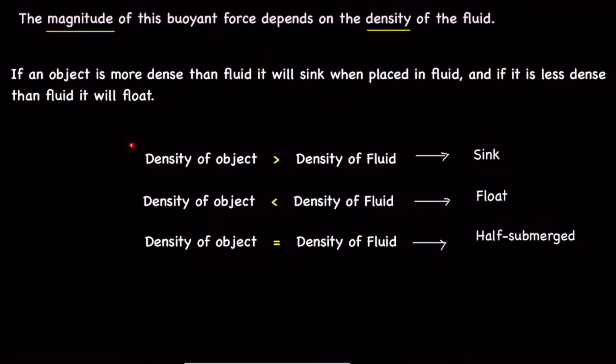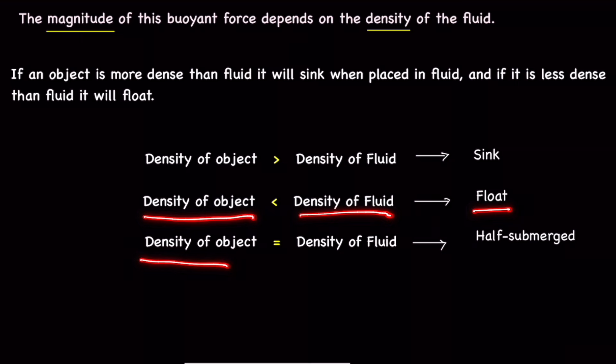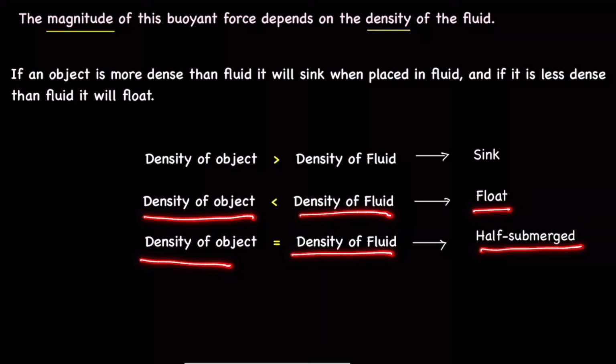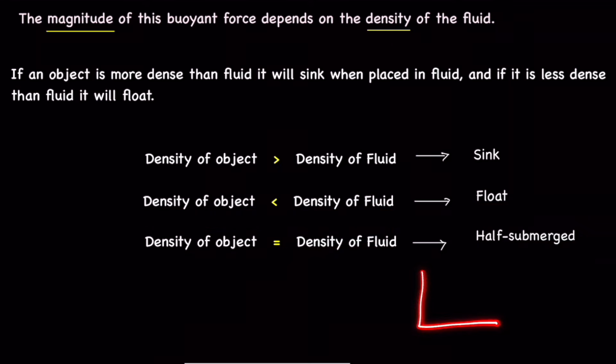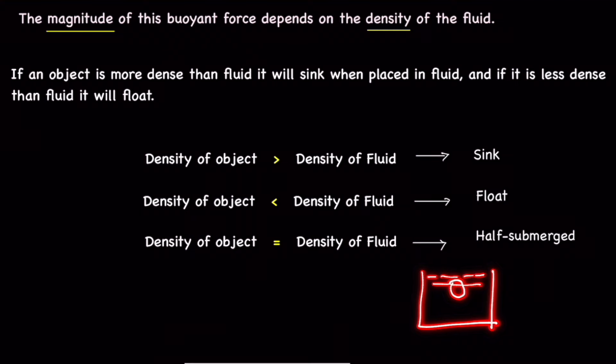From here we conclude: when the density of an object is greater than the density of the fluid, it will sink. When the density of an object is less than the density of the fluid, it will float. And when the density of the object is equal to the density of the fluid, it will be half submerged. Half submerged means it will not go down, only a little bit below the surface of the fluid.